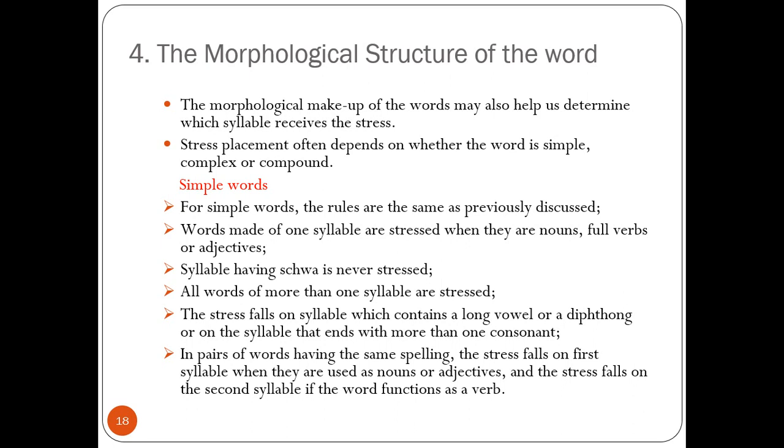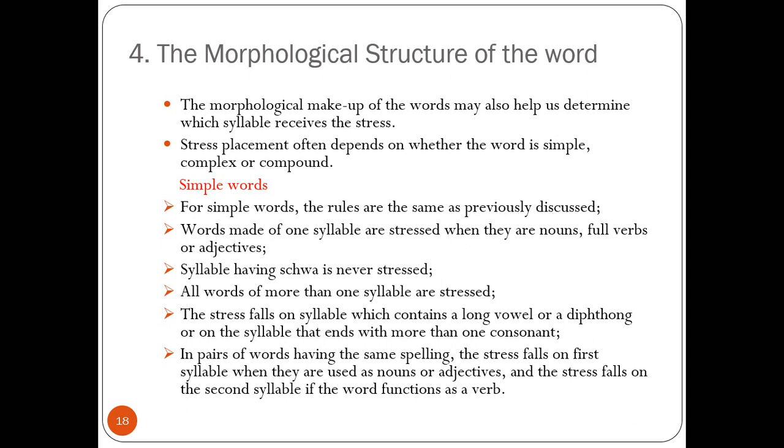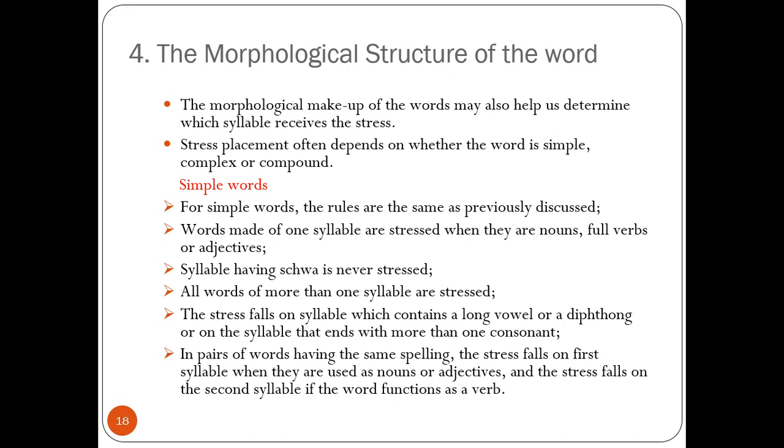All words of more than one syllable are stressed. All polysyllabic words are stressed. Words having two or more syllables are always stressed in English. So the stress falls on a syllable which contains a long vowel or a diphthong, or on the syllable that ends with more than one consonant. Previously we have discussed the same rules.